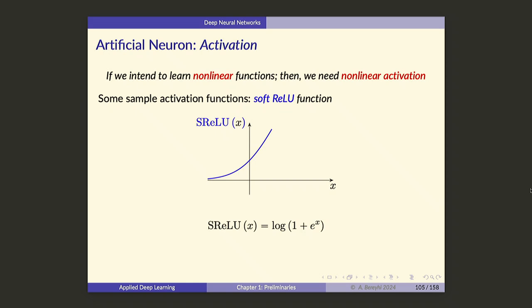Now, if I send x to be plus infinity, so if I assume that e to the power x is much larger than 1, then I could say 1 plus e to the power x is approximately e to the power x. And then if I calculate the log of this guy, it's going to be x, right?